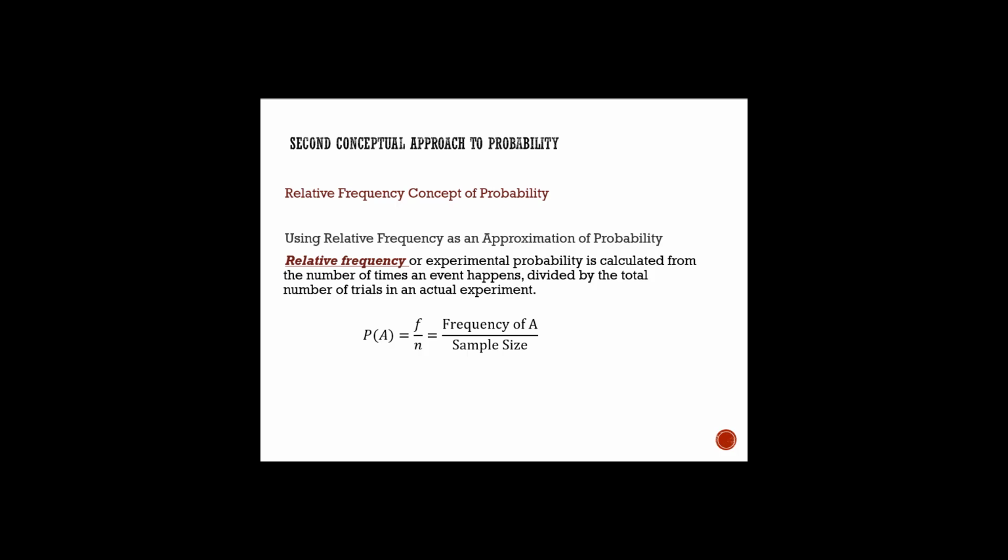So we look at the probability of an event happening as the frequency, the number of times that it did happen, divided by however many times we did the experiment. Quite often what we're doing in an experiment is we're taking a survey. So the sample size down there would actually look at the number of surveys that we had.